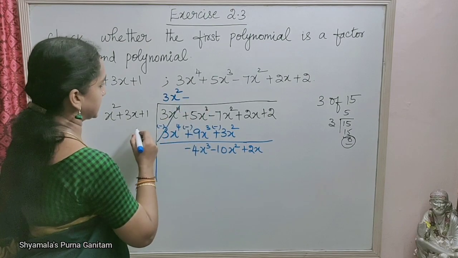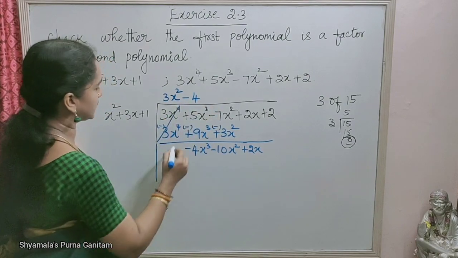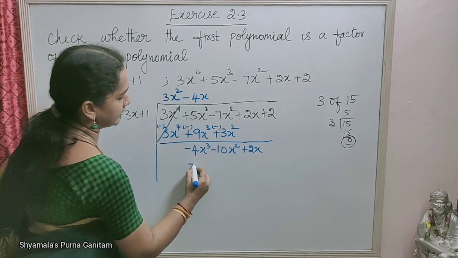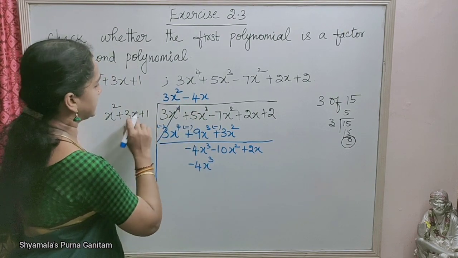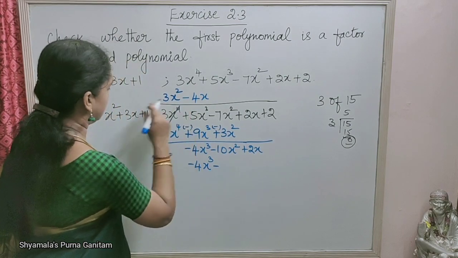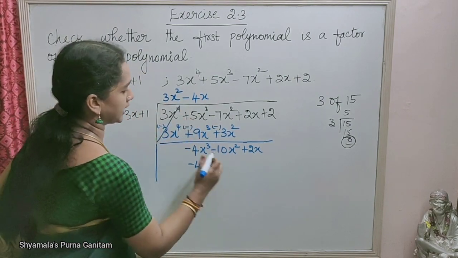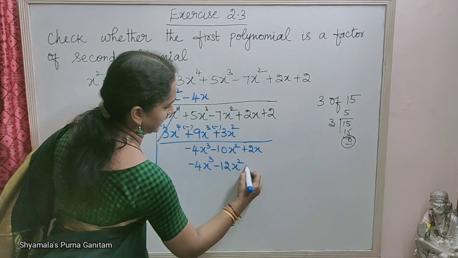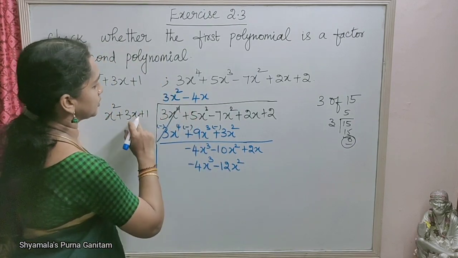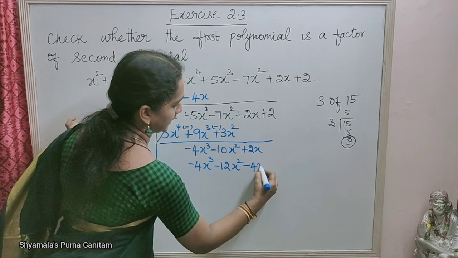Now if I multiply by minus 4x only, I will get minus 4x cube. Then the next term: different signs, minus 4 threes are 12, x into x is x squared, then minus 4x.